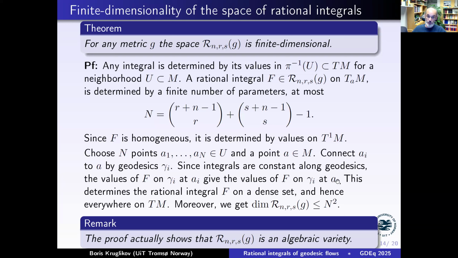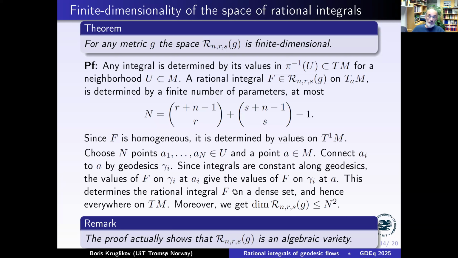And if point A is generic with respect to those points A1 to An, those directions are also generic, and then I can uniquely determine my integral f. So that tells us that integral f is uniquely determined on an n set, and hence everywhere.